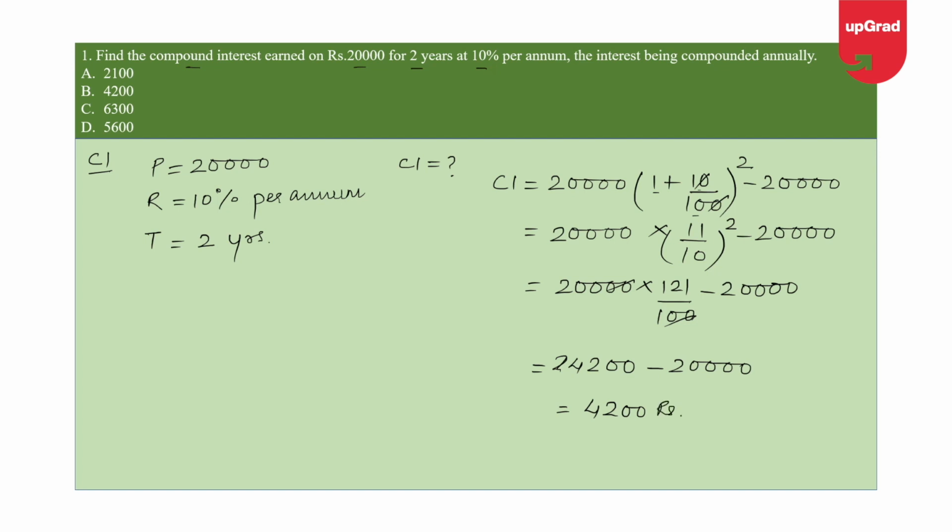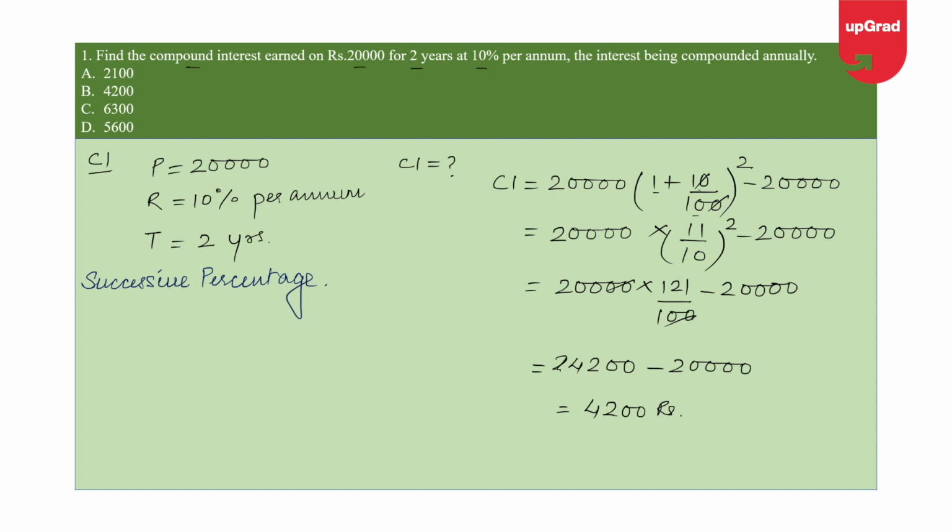Now this is the conventional method of solving it, but we will not use this method. We will use a very interesting and important method that is called the method of successive percentage. And those who have not seen it, I would recommend you to go through my concept video on successive percentage.